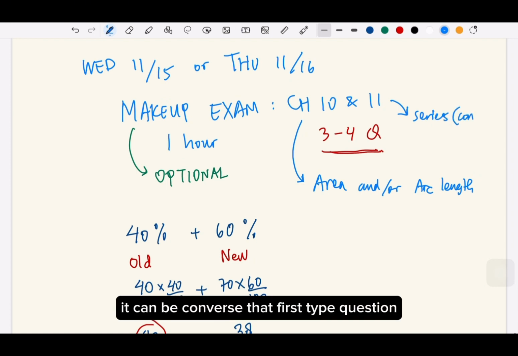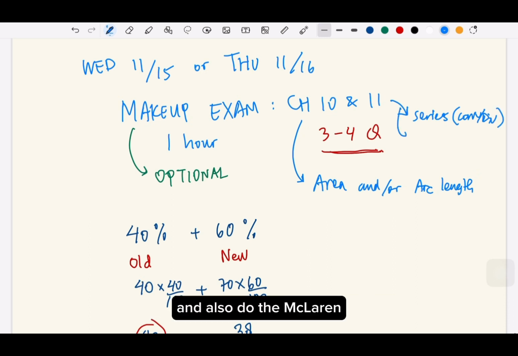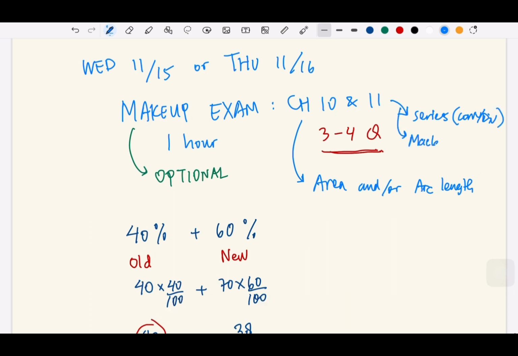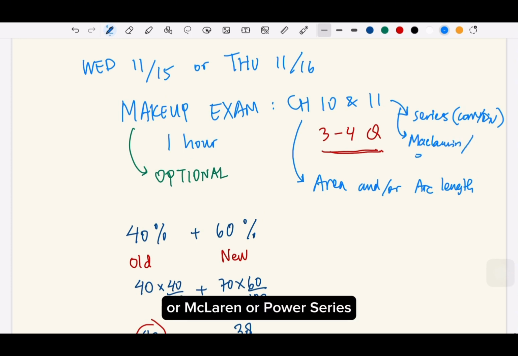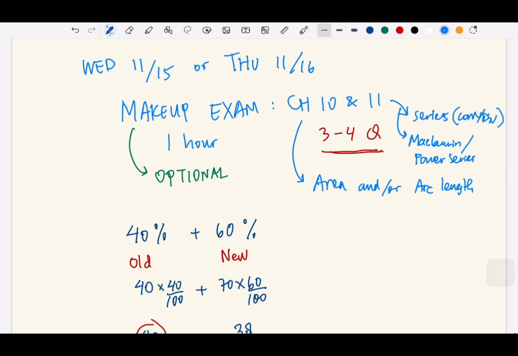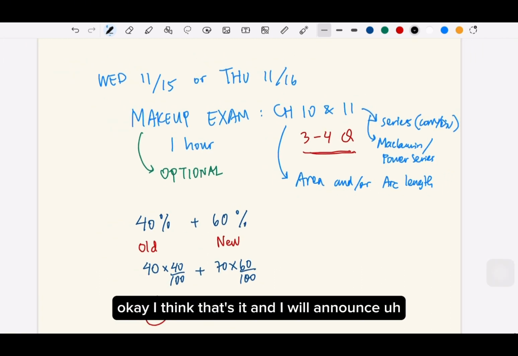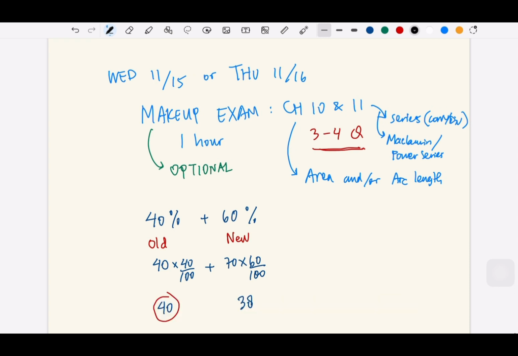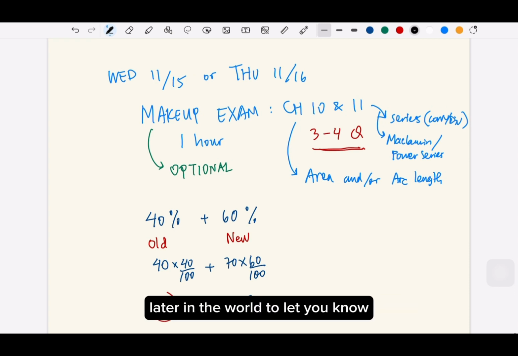It can be converged, diverged type question, and also the Maclaurin or power series. Okay, I think that's it. And I will announce later in the Moodle to let you know.